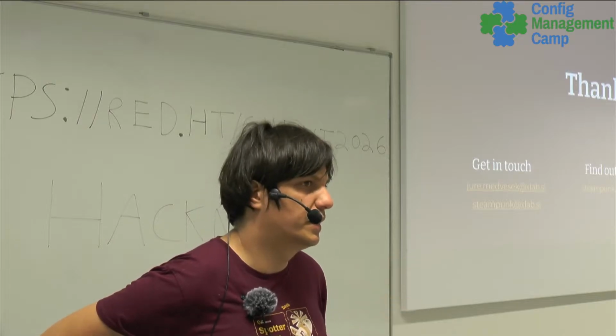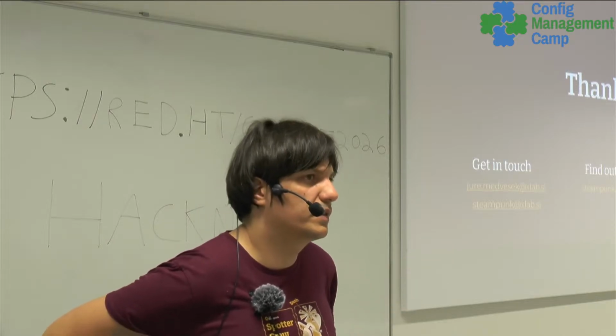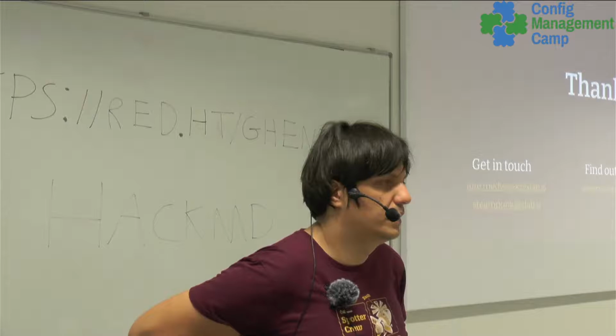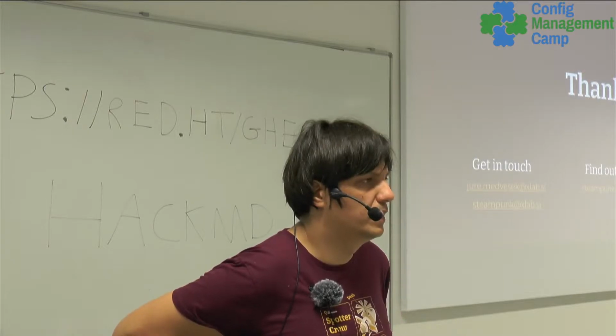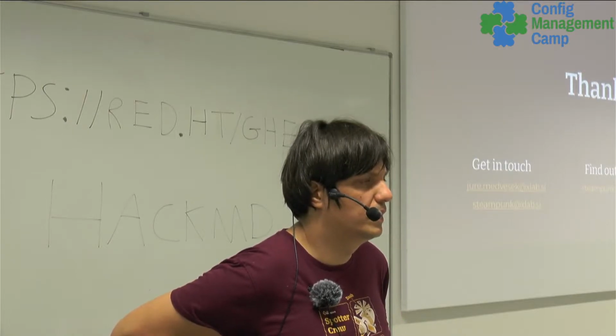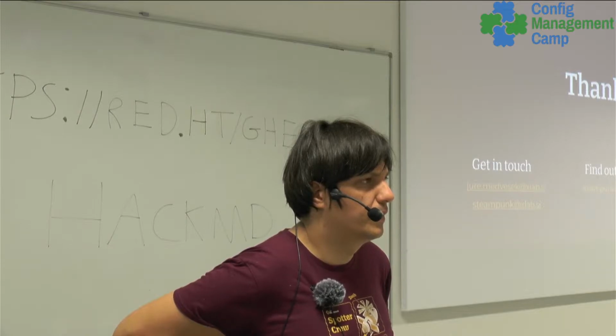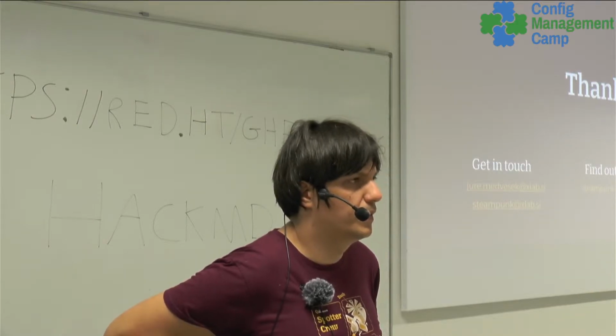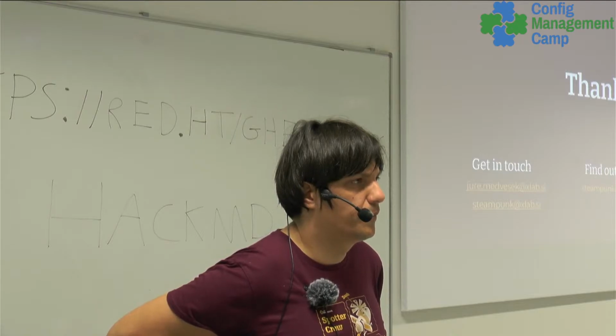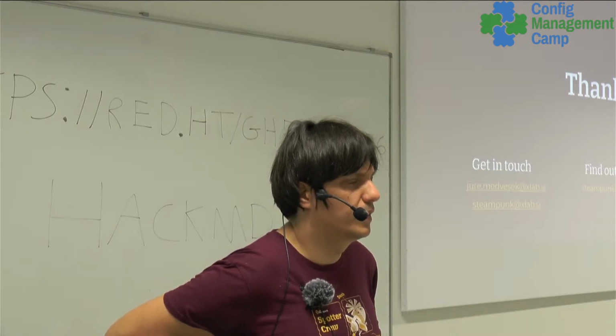Yes, please. Yeah, so it's not quite clear for me if you can debug variables, for instance, or default values, because sometimes variables or default values might be a Jinja expression. So is it possible to set a debug point, for instance, in variables and see what value comes into variables when you evaluate some variable?